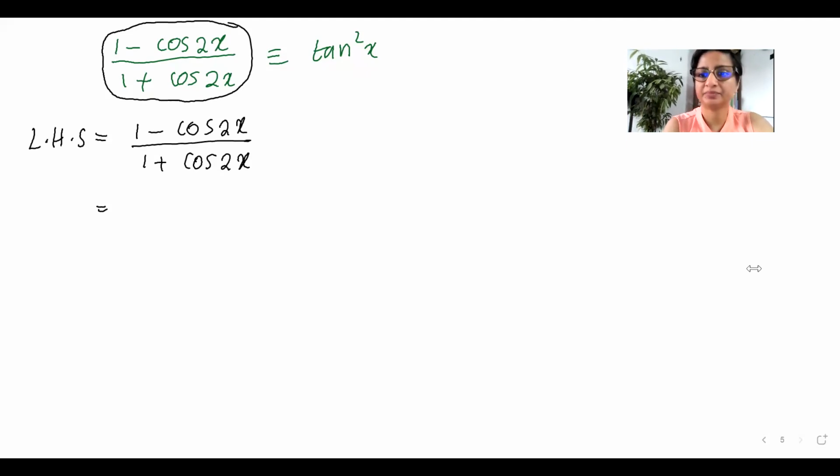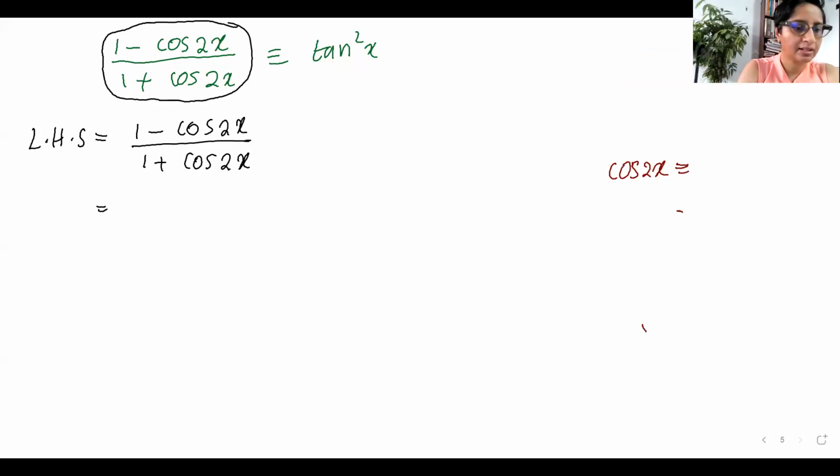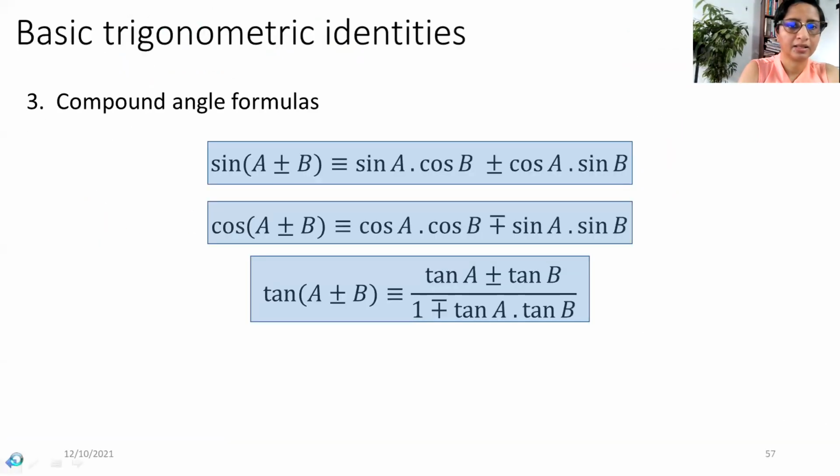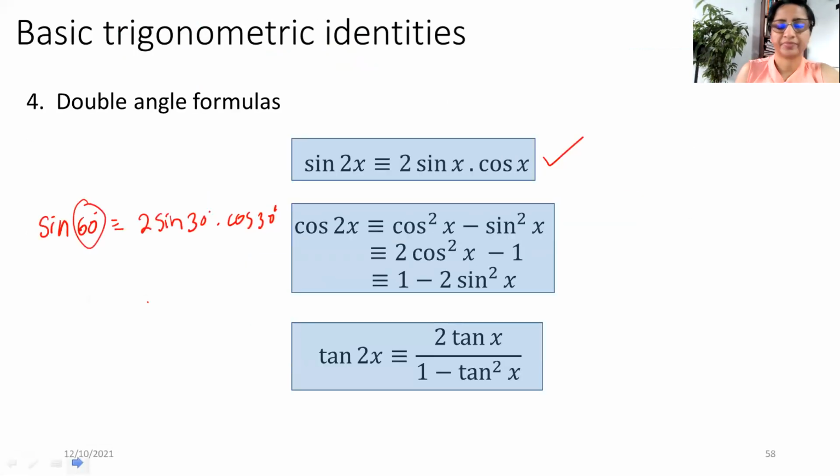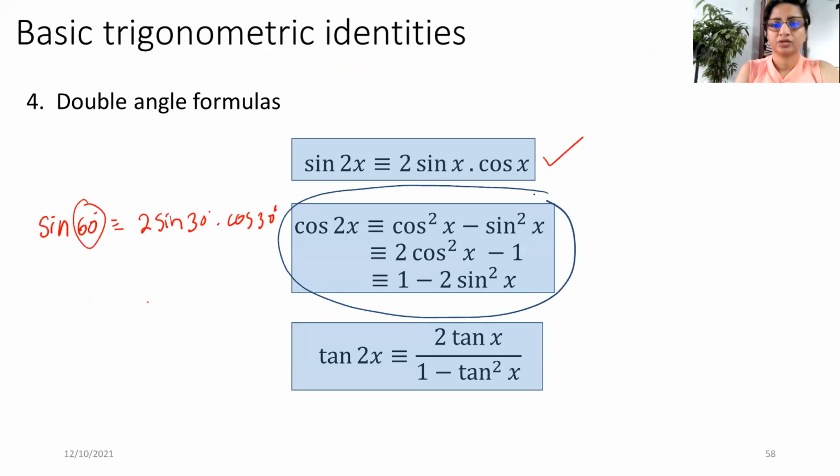So if I write them here, what's the first one? Who can remember? Cos squared x minus sin squared x.